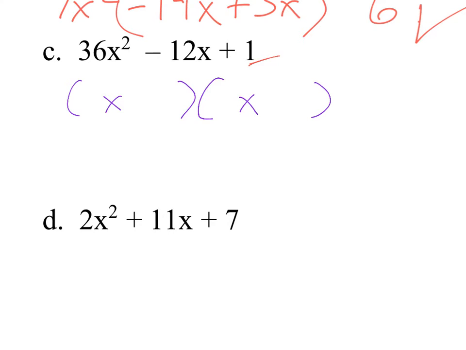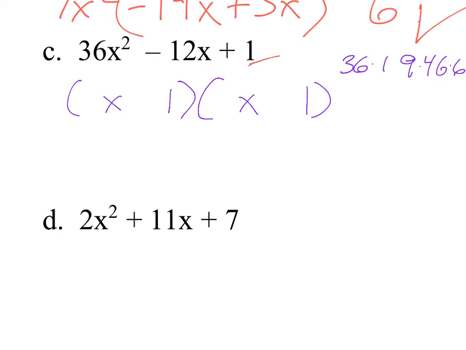But notice my trailing constant is prime, so these two are both going to have to be 1s, because 1 times 1 is 1, the only way I can get 1. So now I'm going to get factors of 36. So I have 36 and 1, 9 and 4, and 6 and 6.